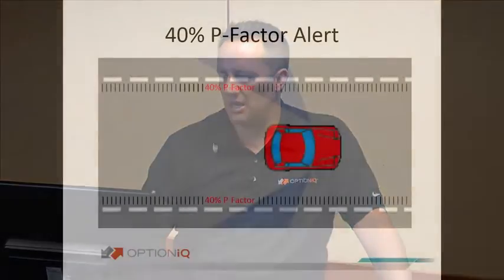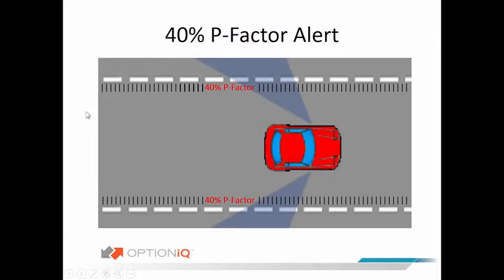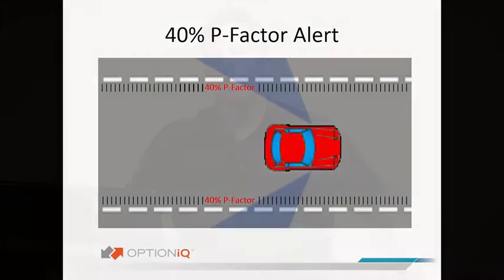Now, another question, why 40%? Well, if you look at the slide, if I'm at 40% here, I still have roughly a 60% probability that I'm not going to cross through the line. However, the odds are slipping out of my favor, and very soon, if it continues, I'm going to reach a 50-50 chance of crossing it or staying within.